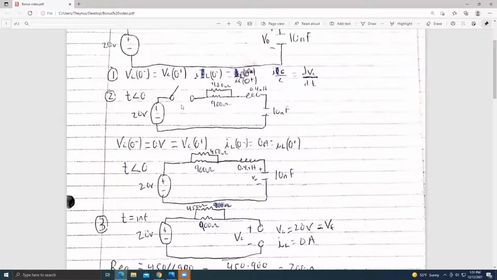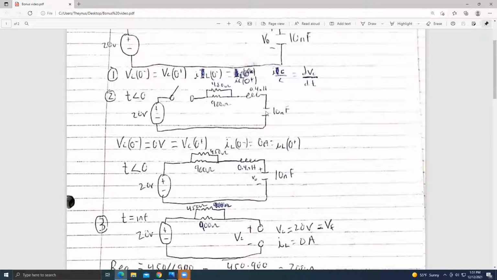All right, let's start this out. Our circuit at t less than 0, we will have our 20-volt source with our switch open as it closes at t equals 0. We'll have our 2 resistors in parallel, our inductor, and our capacitor. Well, if we look at this, we notice that there's no current flowing through the circuit.